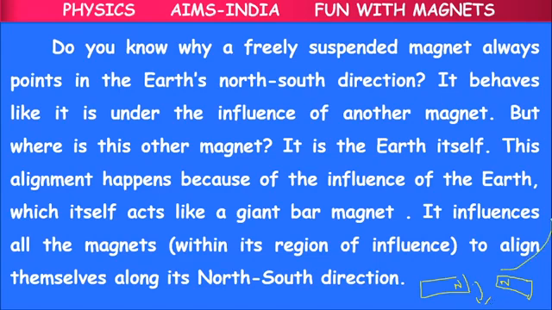So what is that other magnet? Because only one magnet is visible to us. There is no other magnet according to our visibility. So when we keep a compass on the earth, the other magnet is the earth itself. It behaves like a huge magnet.